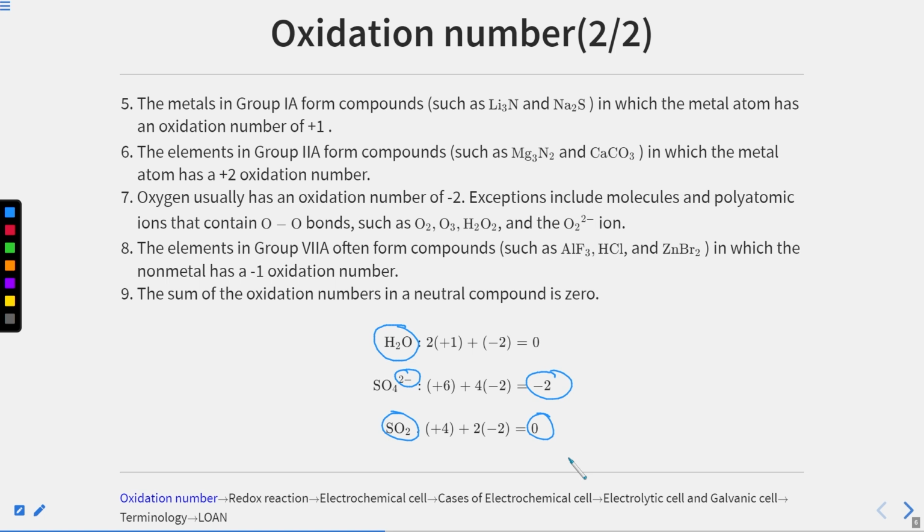If it is a neutral compound, take it as 0. If it is positive, +1 or +2, make it equal to +1 or +2. If it is negative, -1, -2 or -3, make it equal to -1, -2 or -3. Then solve for X and get your oxidation number.